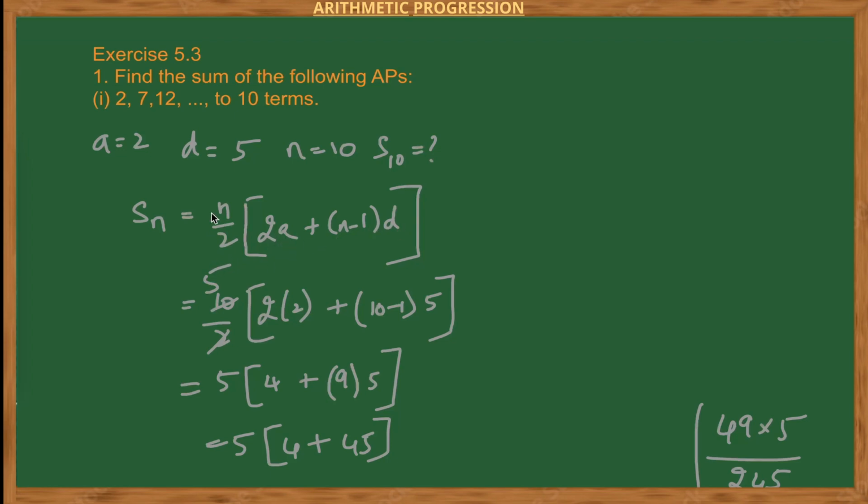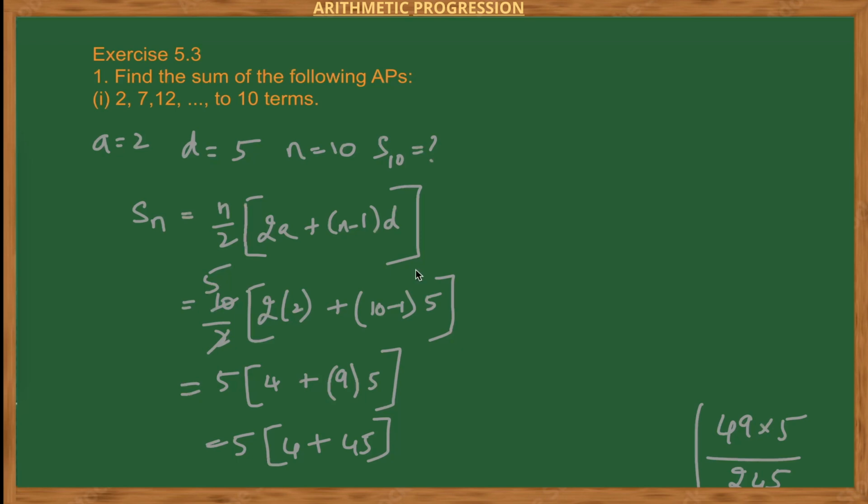Here a is the first term, n is the number of terms, and d is the common difference, which we got from the formula an is equal to a plus n minus 1 into d.